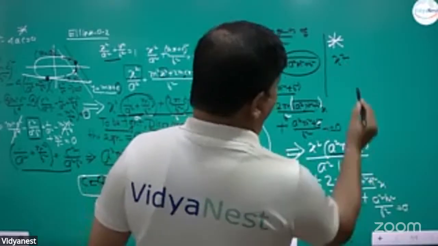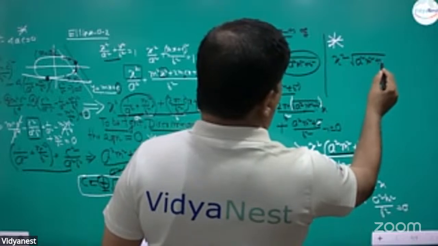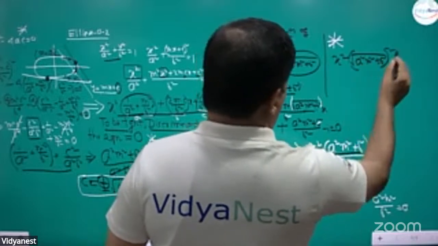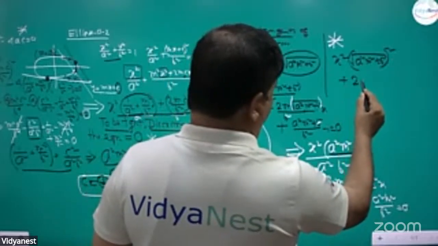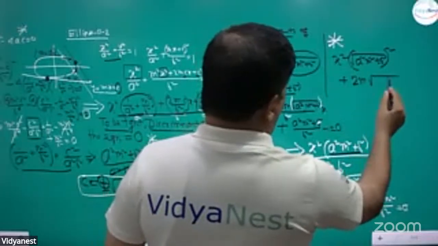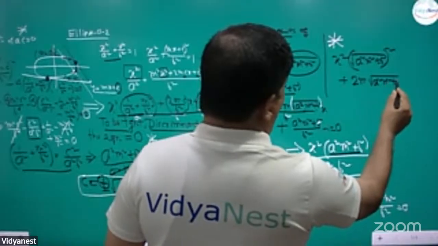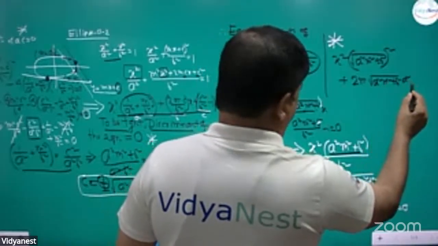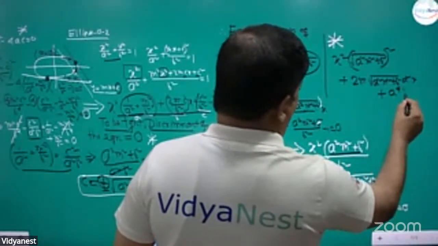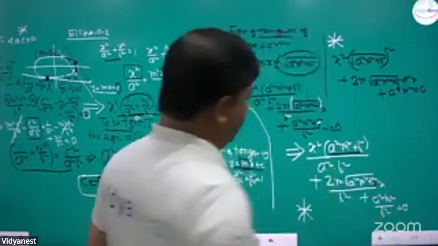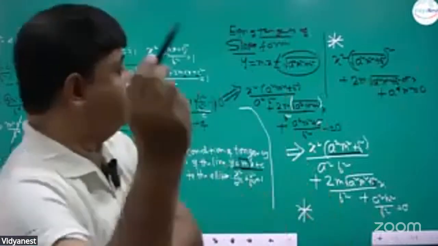Instead of this, I can write root a square m square plus b square whole square, plus 2m, this is b, a square m square plus b square x plus a to the power 4 m square is equal to 0. I have taken the LCM. The LCM part gets multiplied with 0.